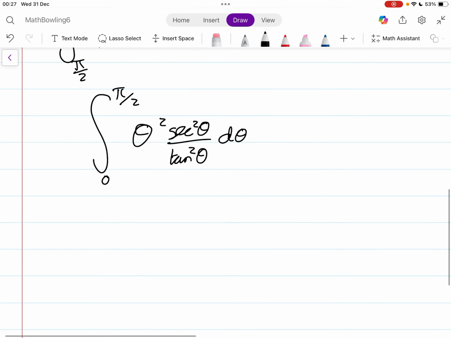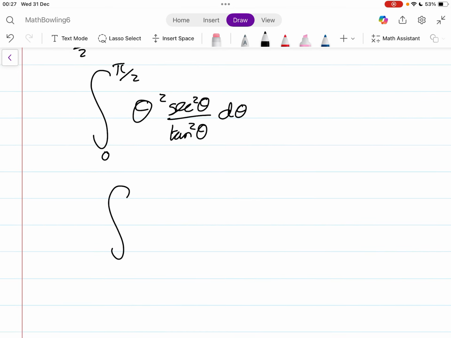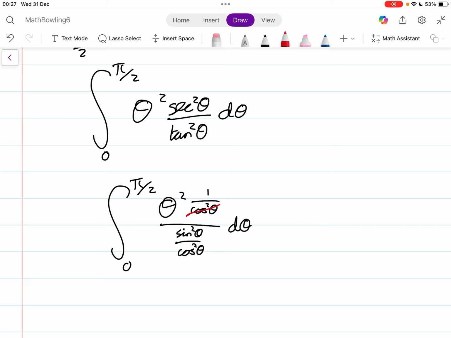Now, what we can do with this is first off put it into terms of sine and cos. So theta squared, 1 over cos squared theta, over sine squared theta over cos squared theta. And these cosines are going to cancel out. We can times through by cos squared if you want to, but they just cancel.